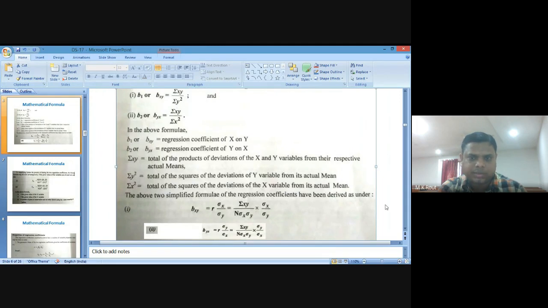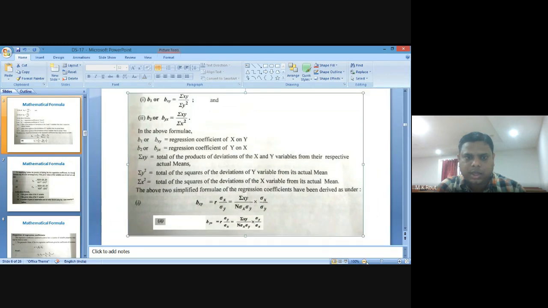So here B1 or Bxy equals summation of xy divided by summation of y square, and similarly B2 or Byx equals summation of xy divided by summation of x square. So here Bxy is the regression coefficient of x on y, and Byx is the regression coefficient of y on x.